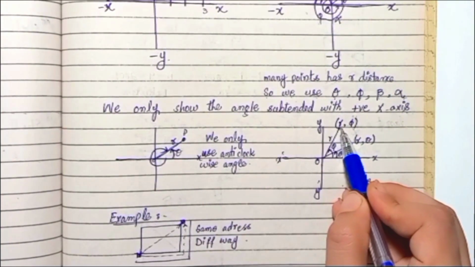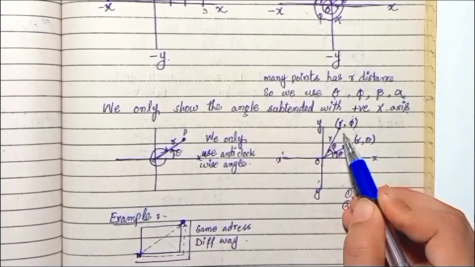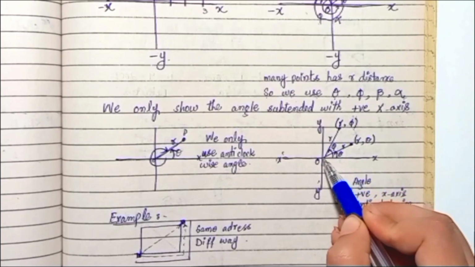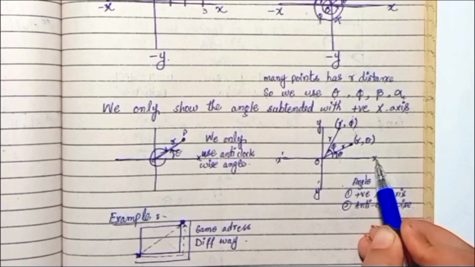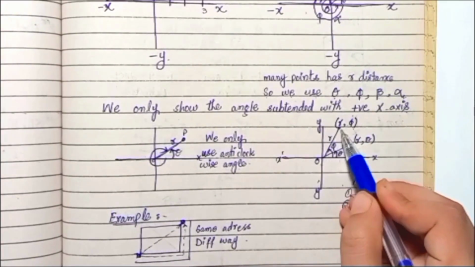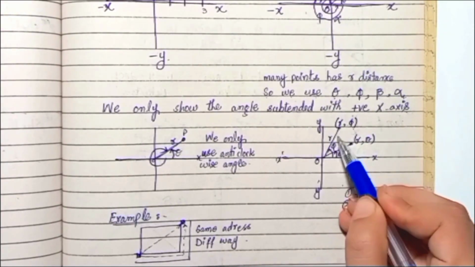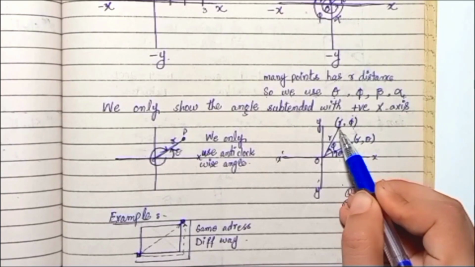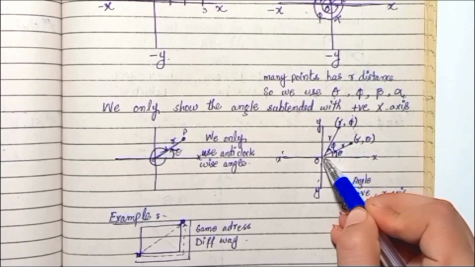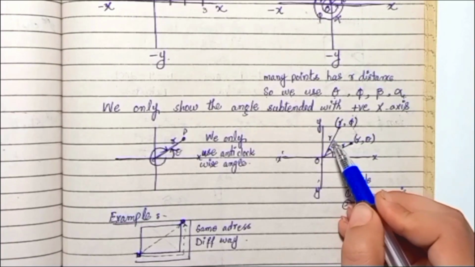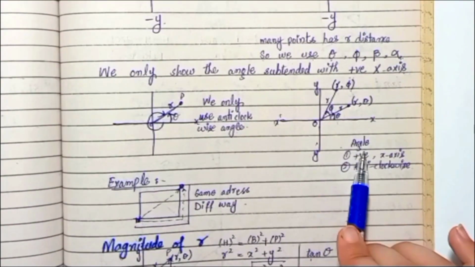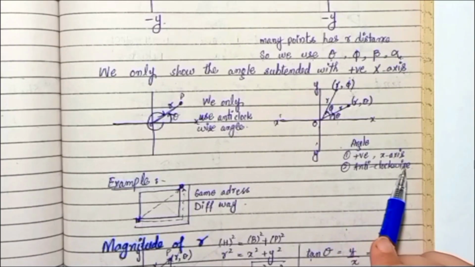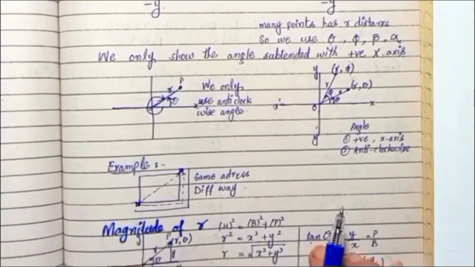Similarly, here are two points which are at the distance r from origin O, and theta is the angle subtended by this line from the positive x-axis in the anti-clockwise direction, and psi is the angle subtended by the imaginary line which joins this point with origin O from the positive x-axis in the anti-clockwise direction. The angle will be from the positive x-axis and will be in the anti-clockwise direction.